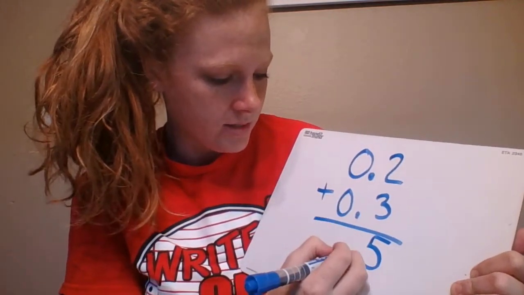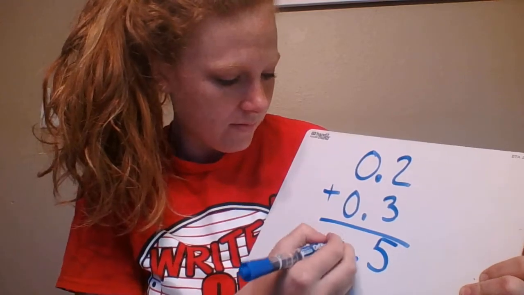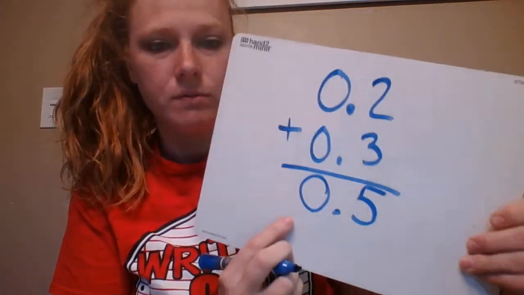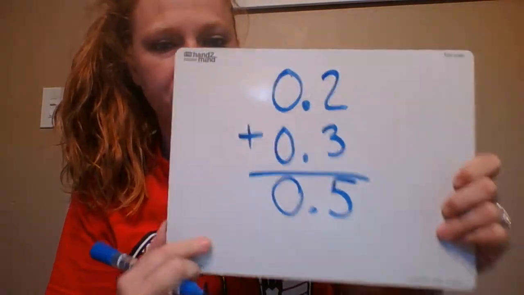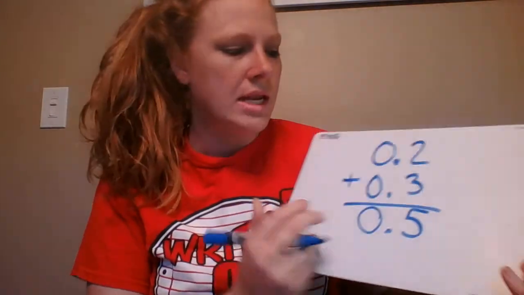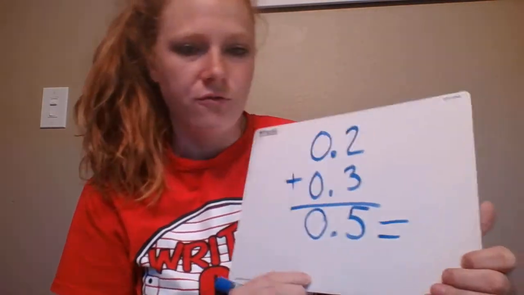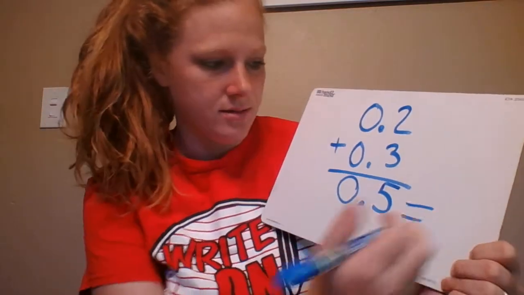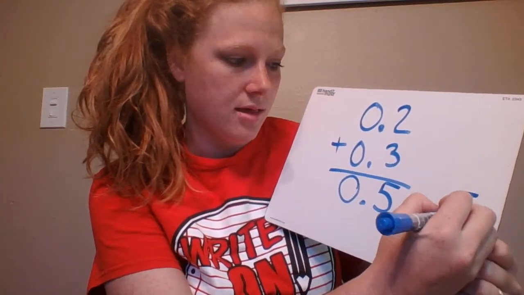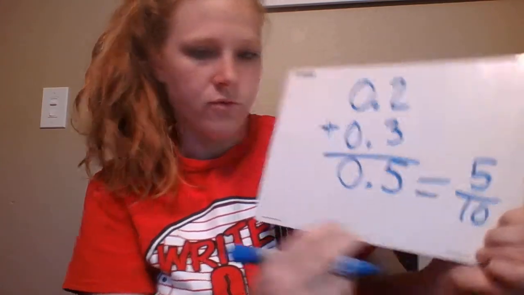We bring down our decimal, and we have 0.5, which is the same as 5/10. And I want to ask, what is the fraction form of 0.5? You should be able to write it: 5/10.